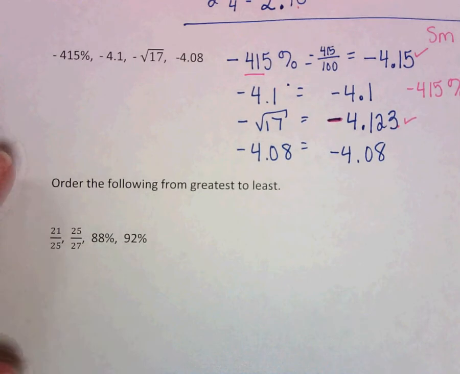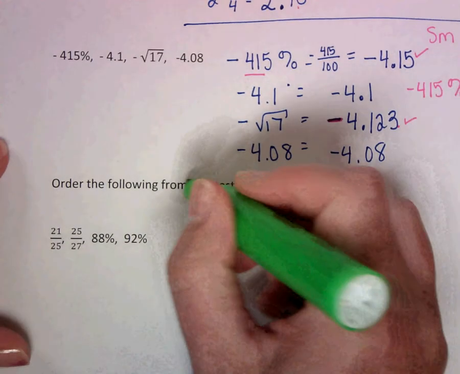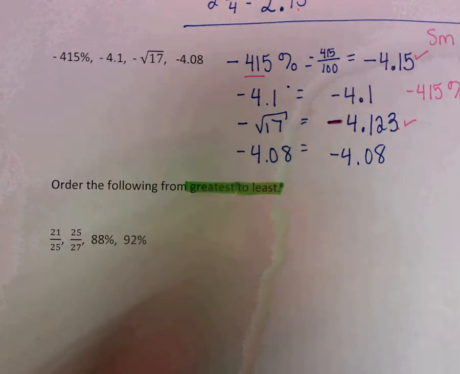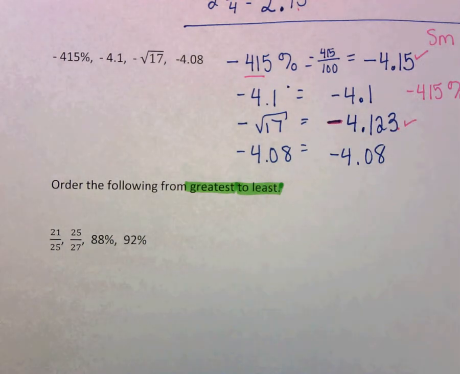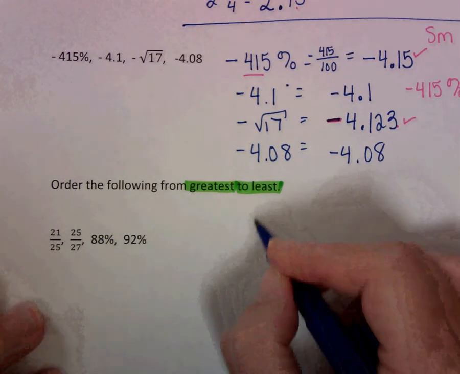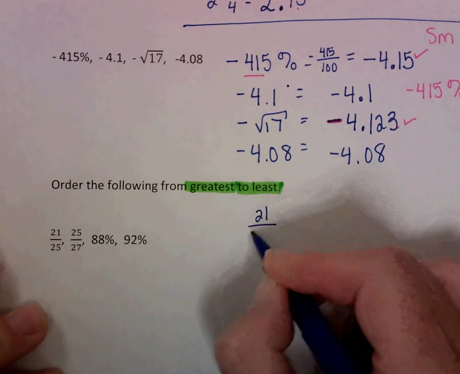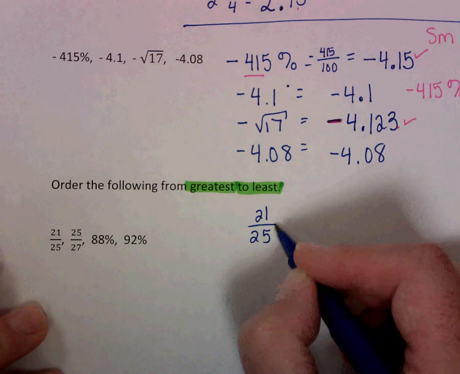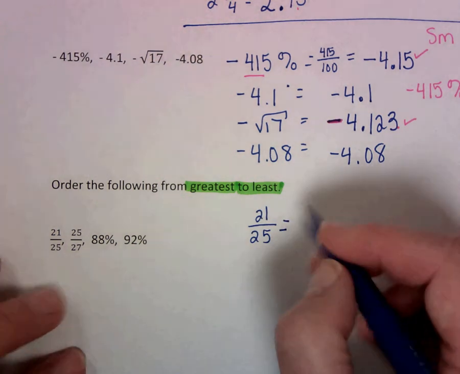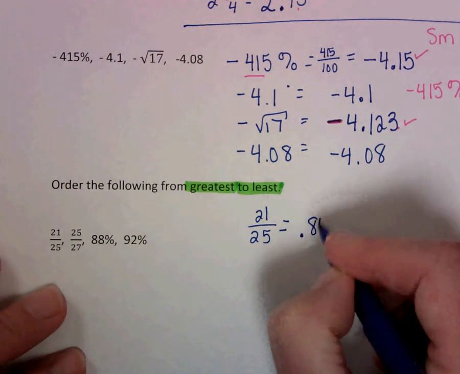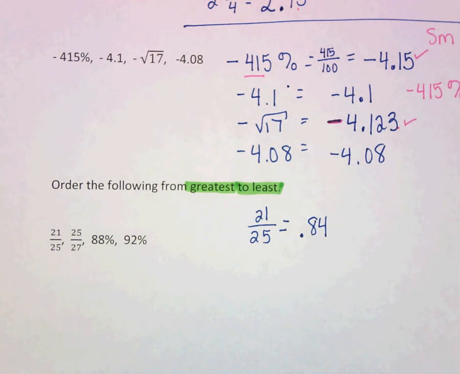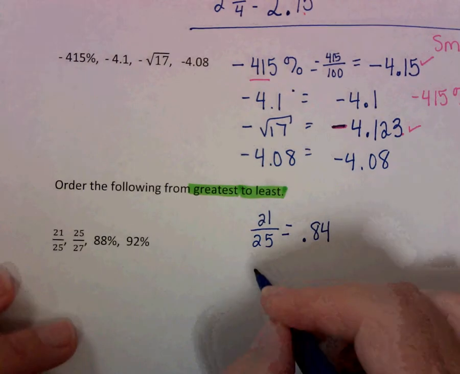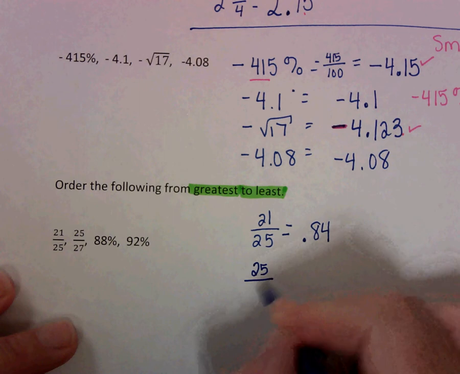One more. The only difference on this one is that now we're going from the greatest to the smallest. So it's really important that we're paying attention. 21 over 25. Remember, this is 21 divided by 25. If I put that in my calculator, I'm going to get 0.84. 25/27.